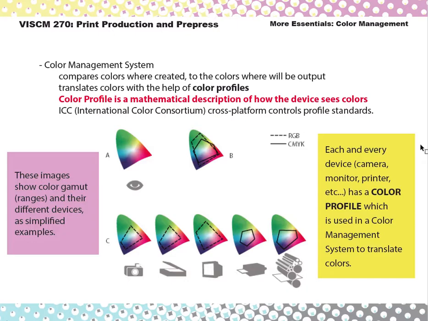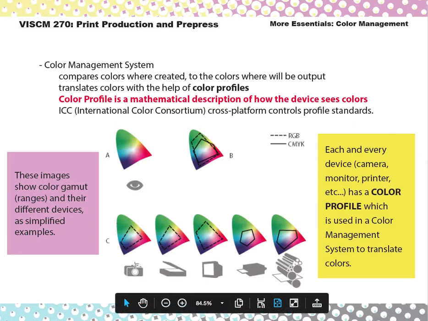Nikon is different than other camera manufacturers. I just blanked on the camera names. And different monitors have different manufacturers, and they use different profiles to generate the colors that they make. So you can see that each device has its own profile, and they range in the amount of colors that they can display.